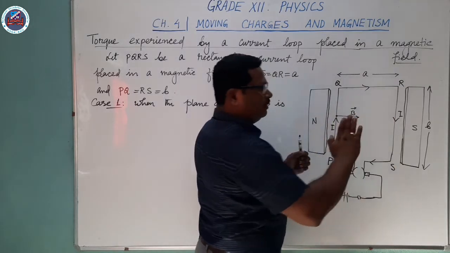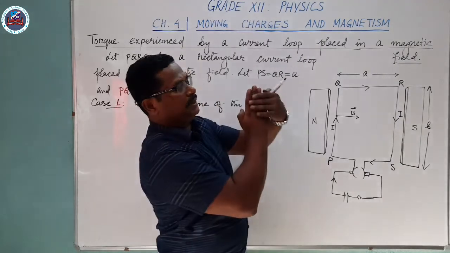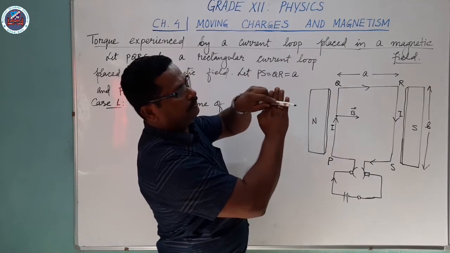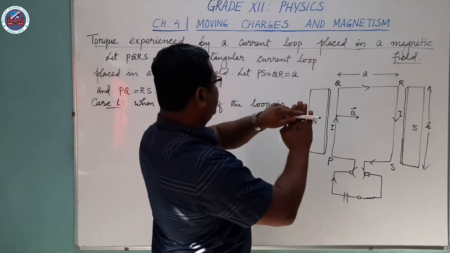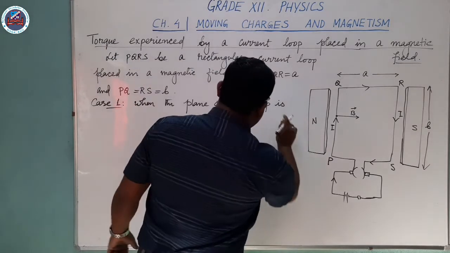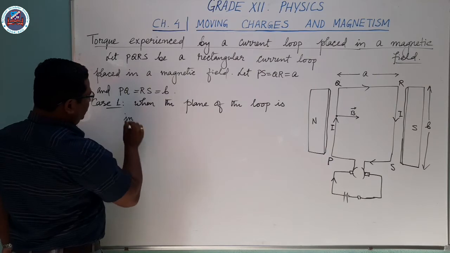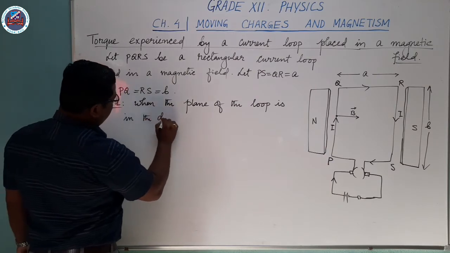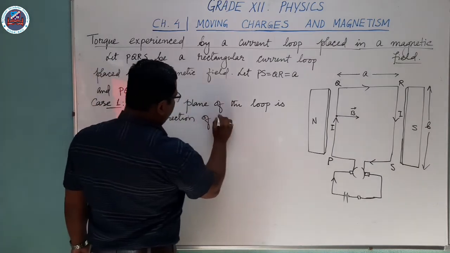This is the plane. Suppose this is a rectangular loop, then this is the plane of the loop. Like this it is kept. Magnetic field is passing this way. So magnetic field direction and the plane of the loop are making an angle of 0 degrees, and the plane of the loop is in the direction of the field.